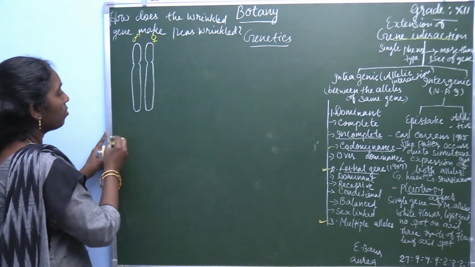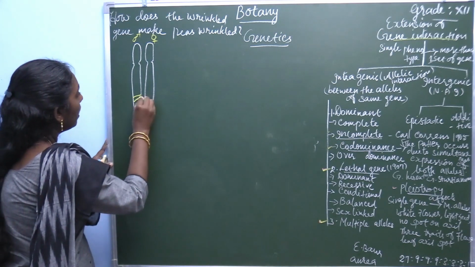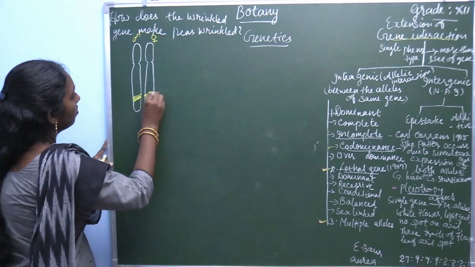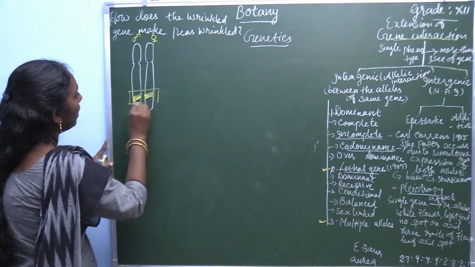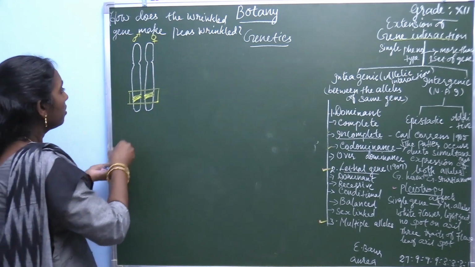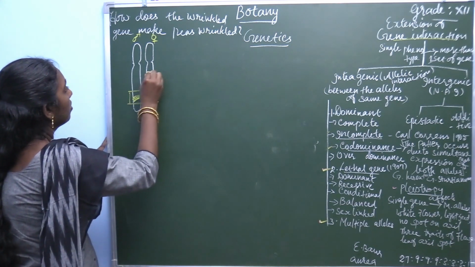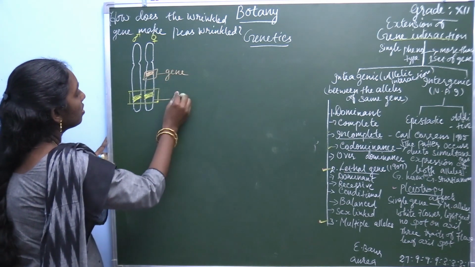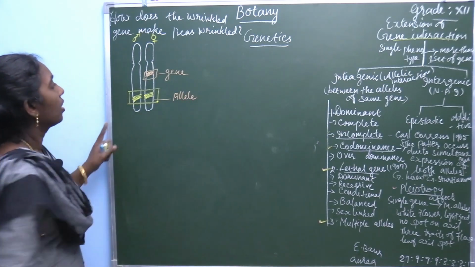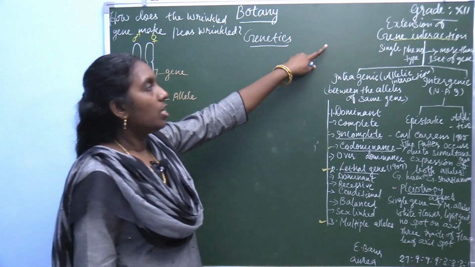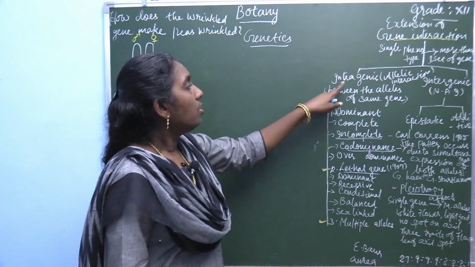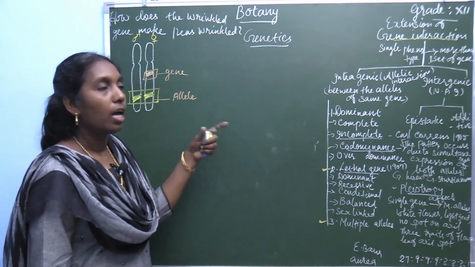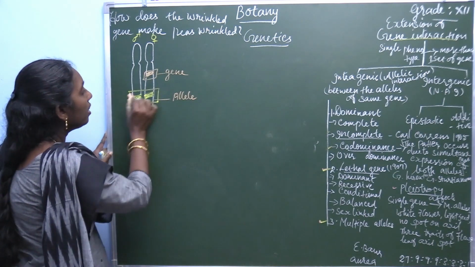This homologous chromosome contains alleles. This is a pair of alleles, and this is a gene. Here this is the gene, this is the allele. So, in gene interactions, intragenic interactions are named as allelic interactions.